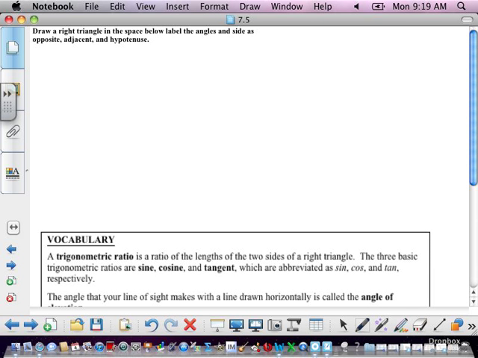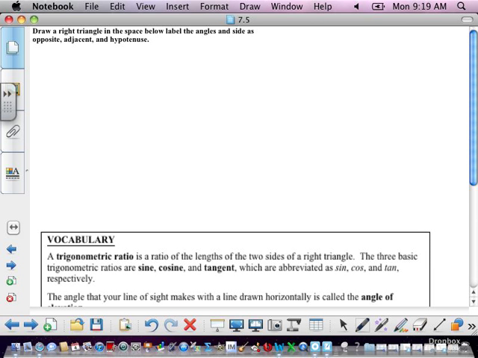Okay? You should have one of the angles be a right angle. You can't pick that one. Pick one of the other two. So, for example, if C is your right angle, you can't pick C. If B is your right angle, you can't pick that. Pick one of the other ones.